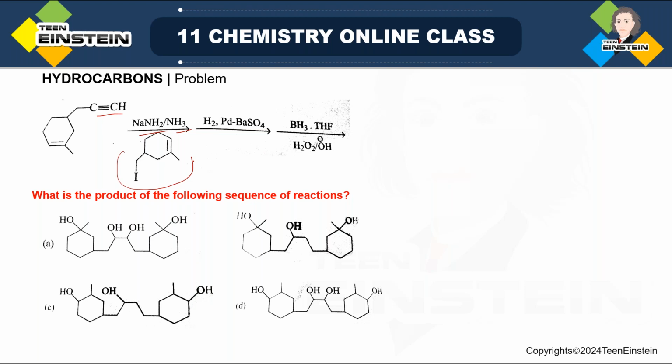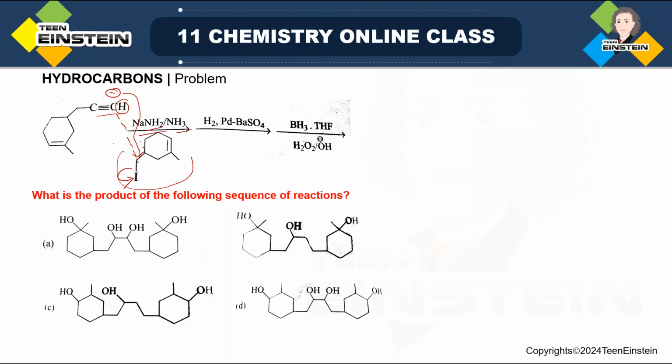Now, whenever you are using this type of base, and this is a terminal alkyne, this hydrogen must be removed by this base NH2-. So there will be negative charge generation over this carbon. And this negative charge can attack here. And iodine is a very good leaving group. So C-C bond formation, this C and this C will be connected and I will be removed.